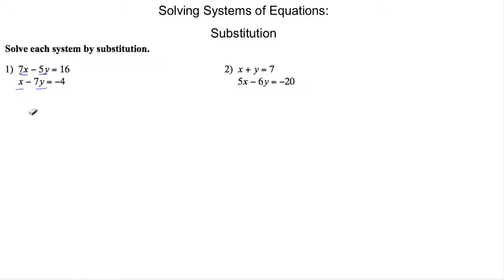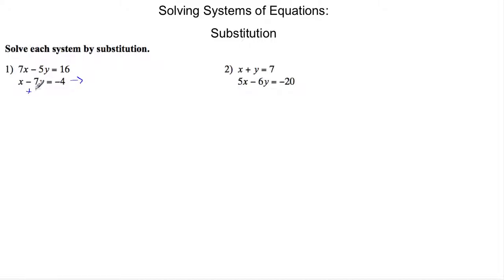Now, if I'm going to solve for any of these, I need to isolate it. However, you can see that this x and these two y's have coefficients that if I divide out, will leave me with fractions. So because this x value here has a coefficient of 1, I'm going to solve for that.